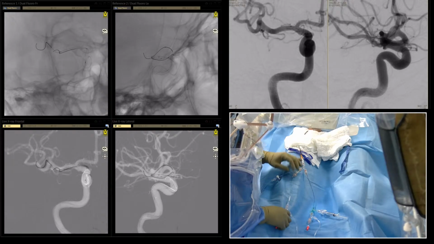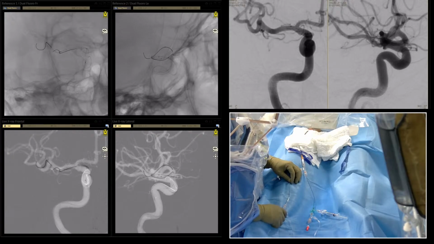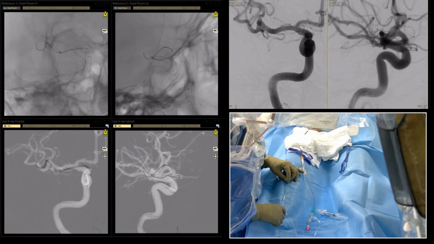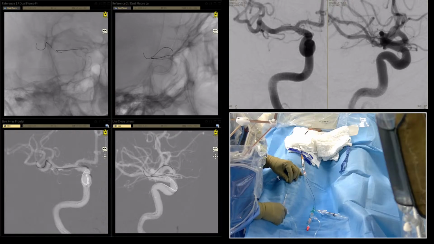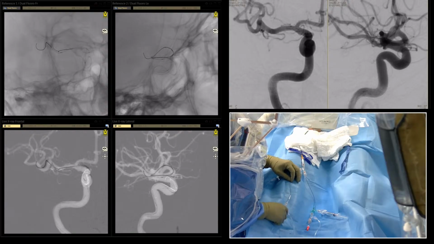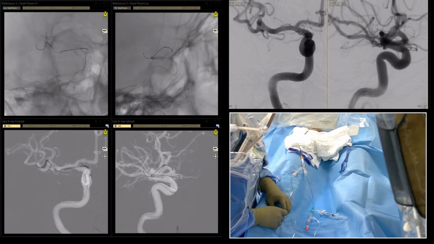The temporal branch is too small. I don't know why it's not moving. Okay, let's go a little bit forward. It's not moving.